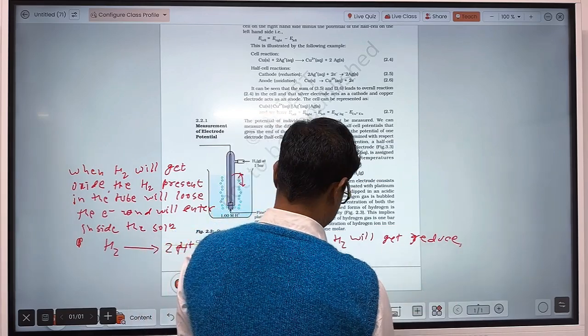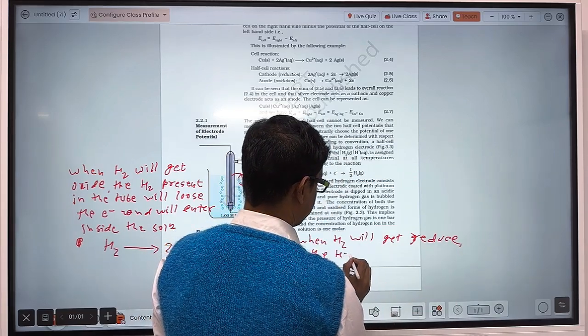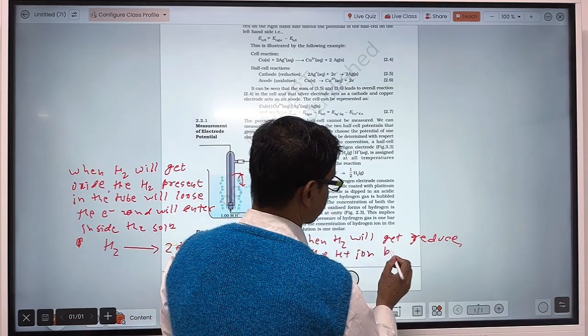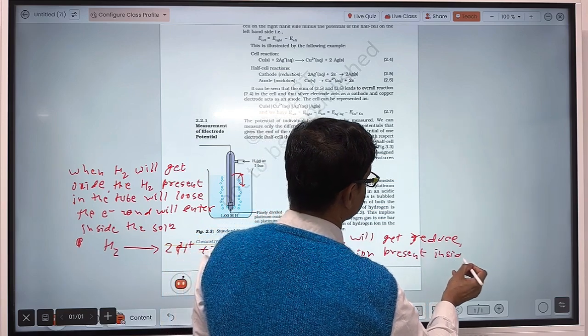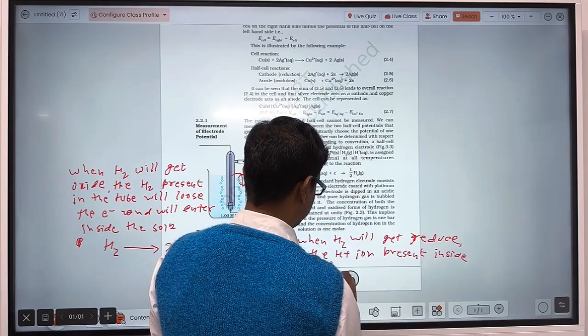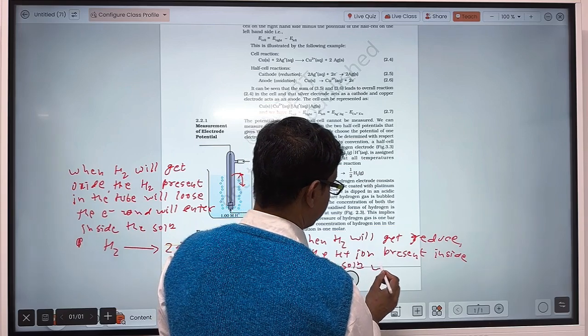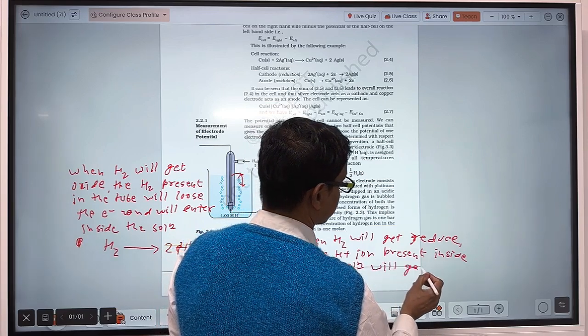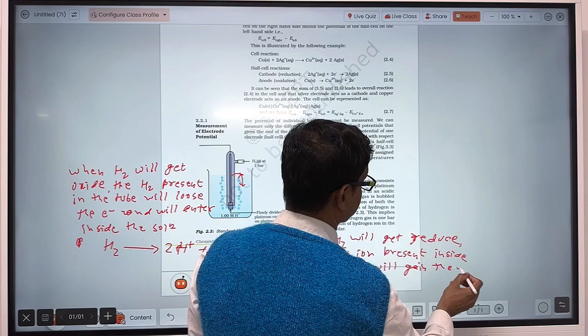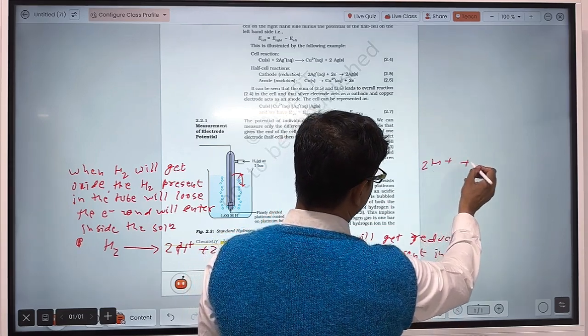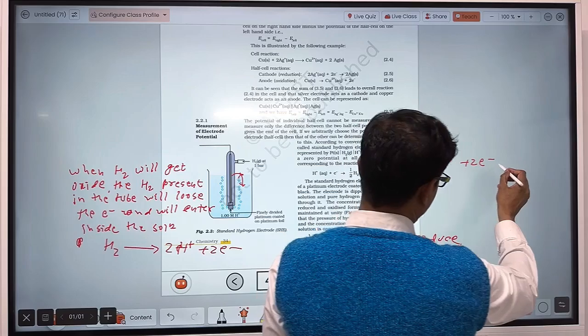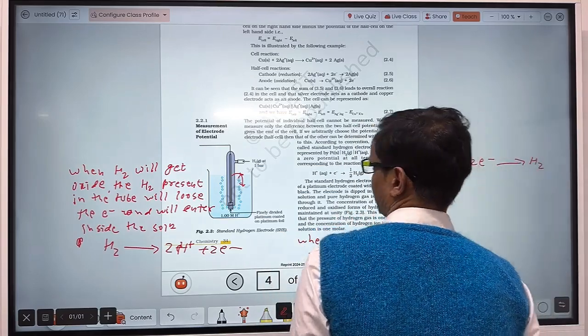The H+ ion present inside the solution will gain the electron. So 2 moles of H+ ion will gain 2 electrons and there will be formation of H2.